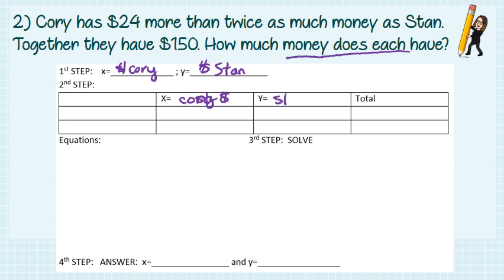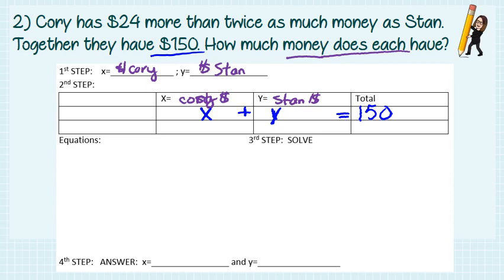And I have a Stan money column. I have a clear total. Together they have $150. So there is a total. Meaning if I add up Cory's money with Stan's money, I'll have a total of $150. That one's pretty clear, okay?